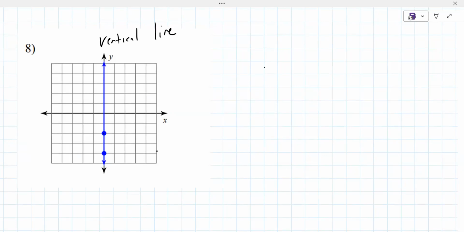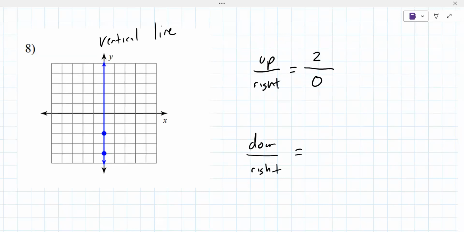And a vertical line means you're going either, let's do up and to the right first. So this is up to right 0, or it's down and right 0.